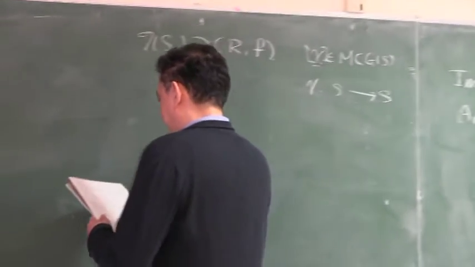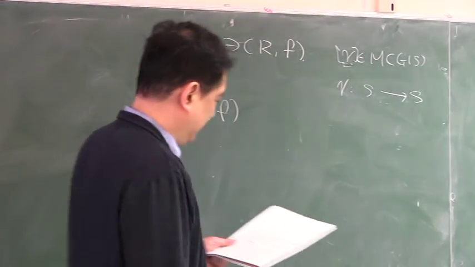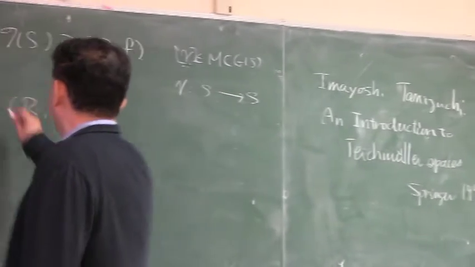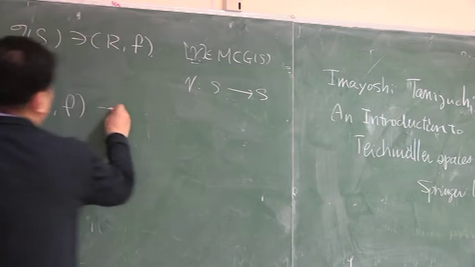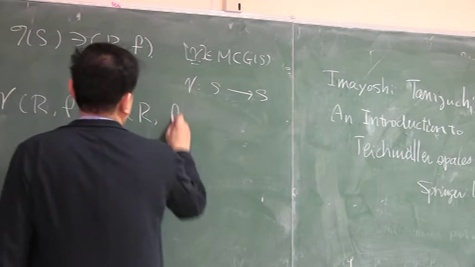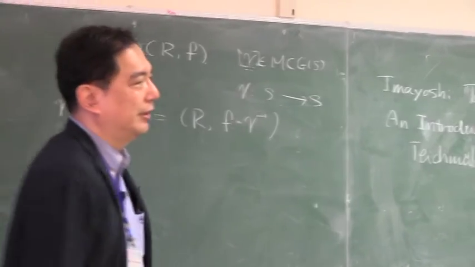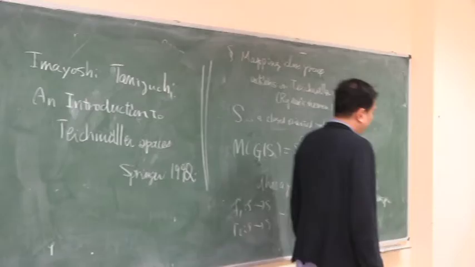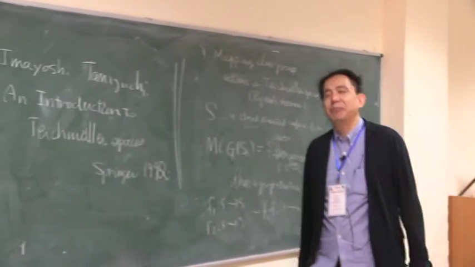Then we define the gamma of (R, f). So the action is the same Riemann surface, but changing the marking, that is, the homeomorphism from S to that Riemann surface, by composing with the inverse of gamma.